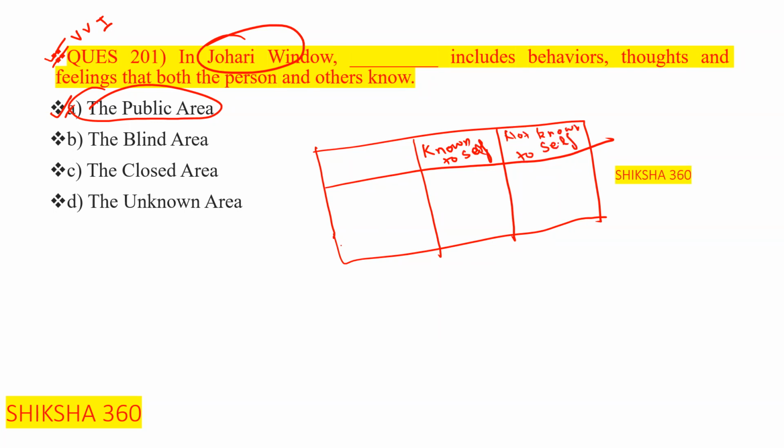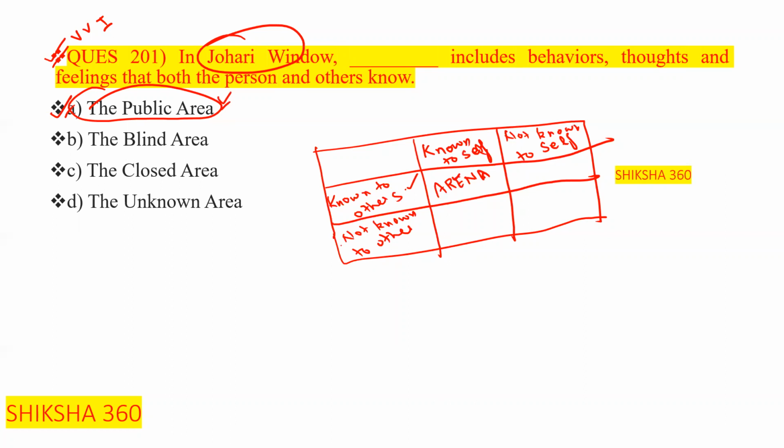This one is known to others, not known to others. So here I will write that which is known to others and known to self. That is open or arena, or here we consider it the public area.